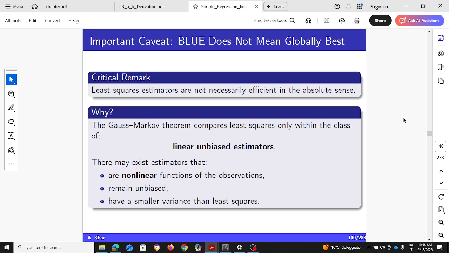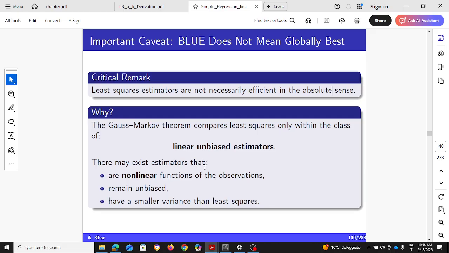But in a sense, these estimators are not necessarily efficient in the absolute sense. Why? Because there could be other possible estimators that give you unbiased results with a small variance, but they may not be linear.